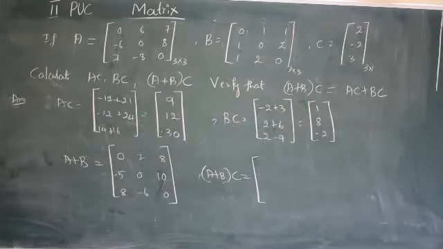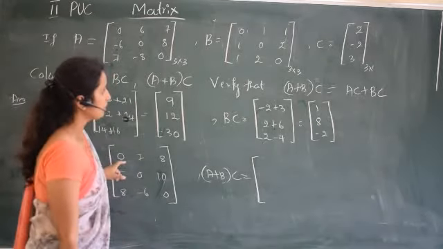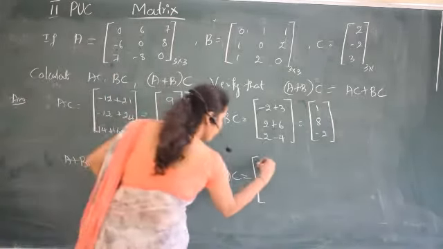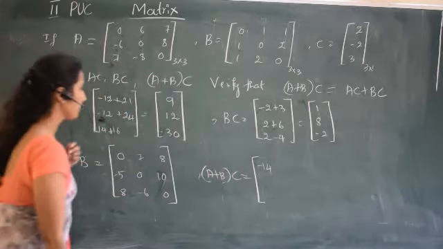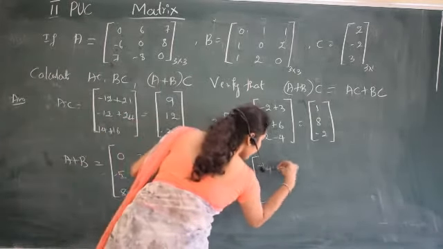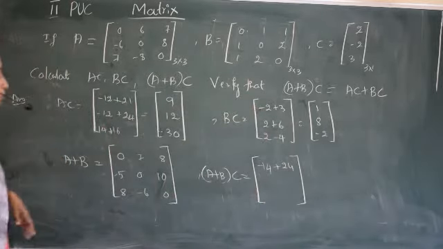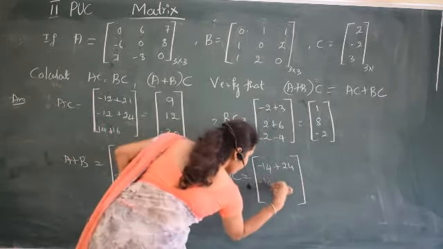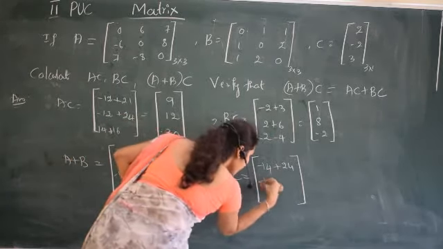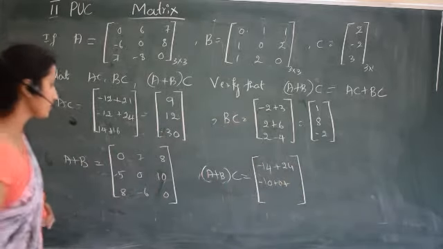First row: 0 into 2 is 0, 7 into minus 2 is minus 14, then 8 into 3 is 24. Then the second row: minus 5 into 2 is minus 10, plus 0, then 10 into 3 is 30.